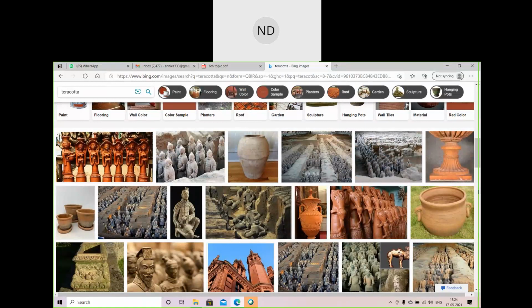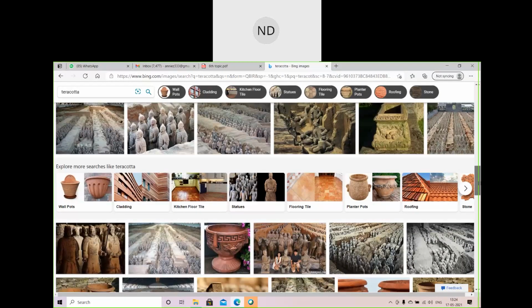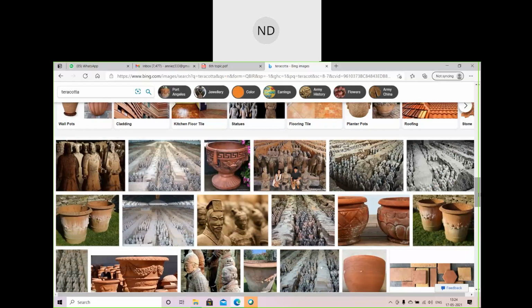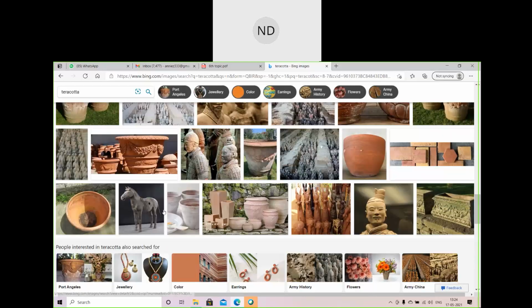You can also use these in your roofs, in your pipes, water pipes, roofing tiles, or bricks, in your building construction, and for surface embellishments also, in this form of ceramic where you don't have glazing.